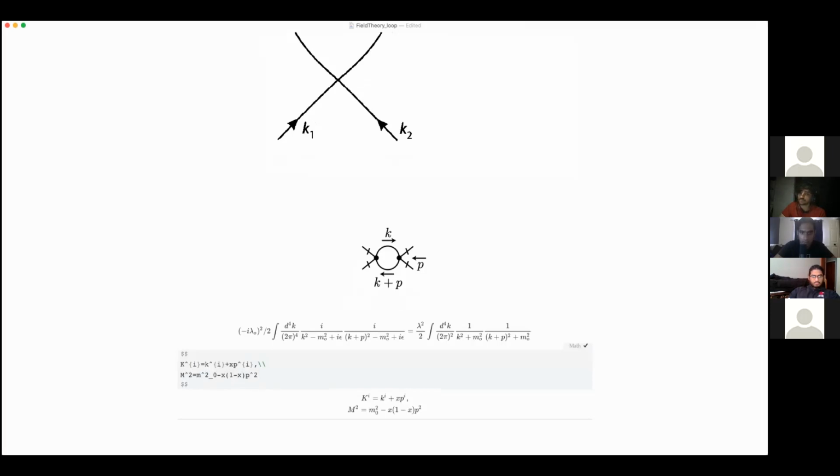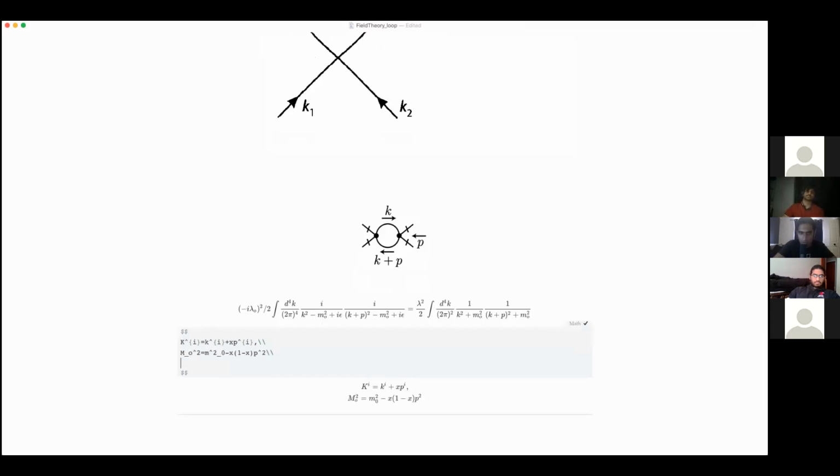Okay, this is many manipulations. But say we did all of this, then what will happen is that we'll have lambda squared over 2 times the integral from 0 to 1.